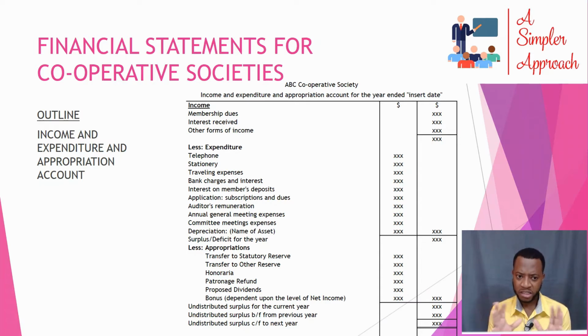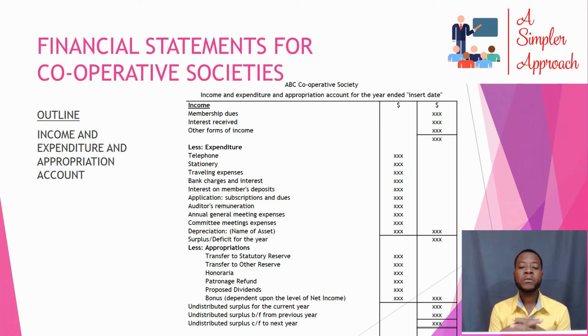So at the top, you'll see income. Example, membership dues, interest received, and any other form of income. Cool. Expenses, that's expenditure: telephone, stationery, traveling, bank charges and interest, interest on members' deposits, among a host of other expenditure that is tied to the cooperative society.